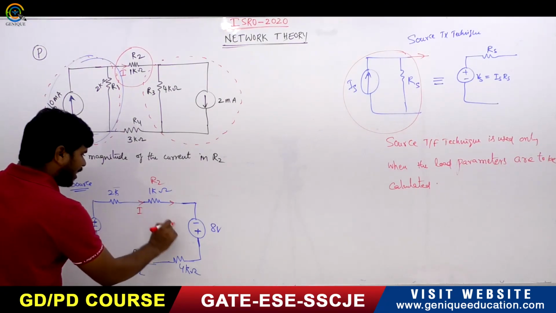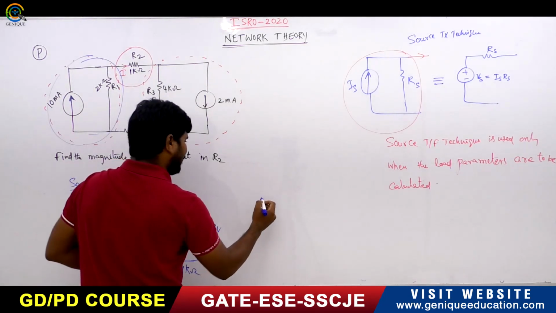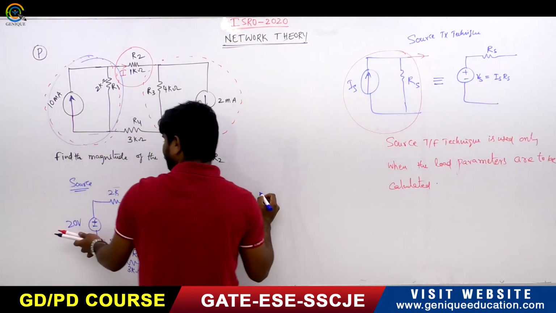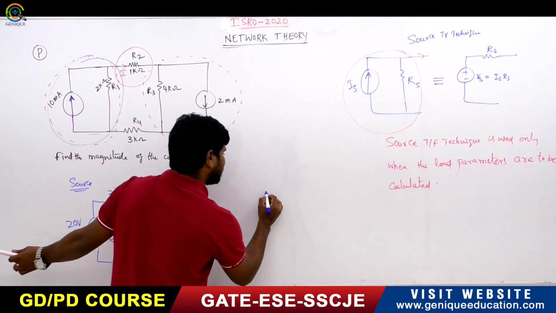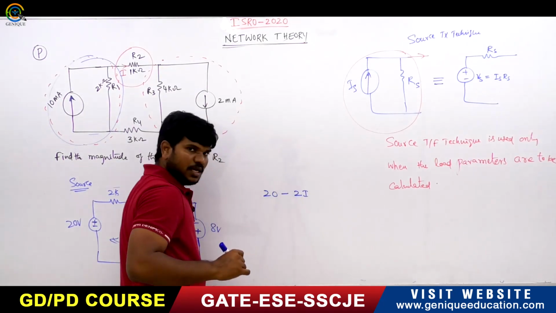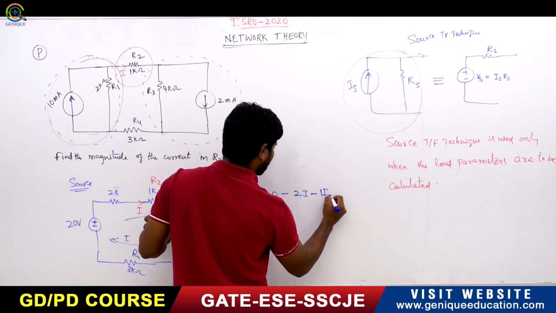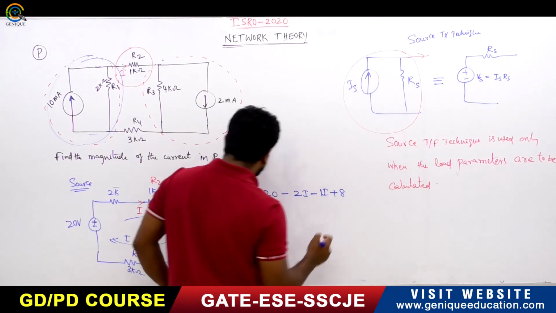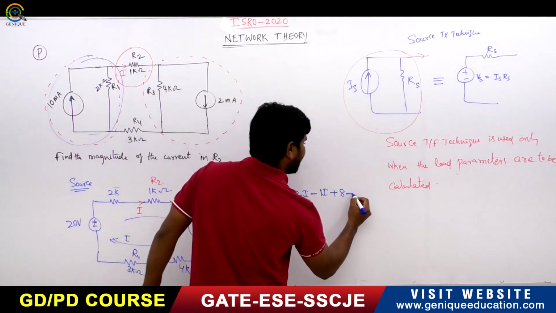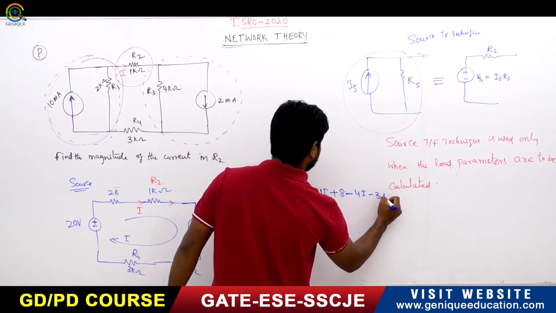Now let us suppose the current is I. If I write KVL in this loop, the current is touching the negative terminal first, so it is 20 minus 2K into I, 2I, minus 1K into I, plus 8 volts, minus 4K into I, minus 3K into I, equals 0.